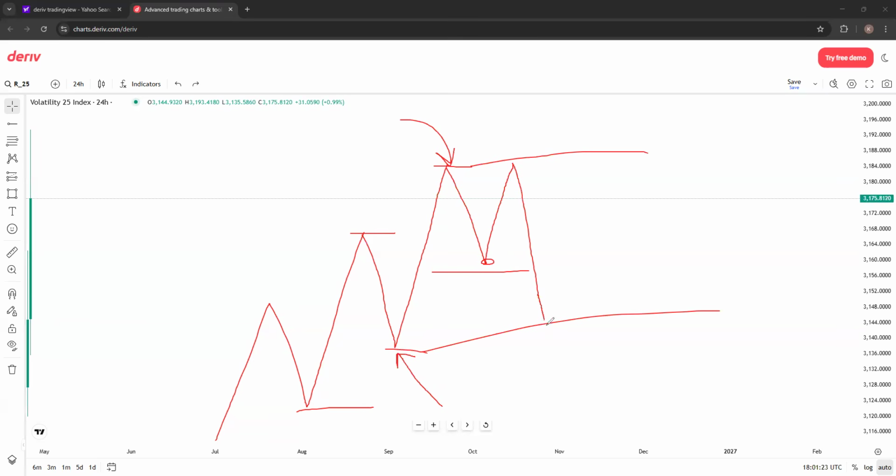And then when price comes and breaks this low that had broken this high, we now call it a break of structure, meaning we are going to have a break of structure here and a change of character here. I don't know if I explained in a way that you can understand.